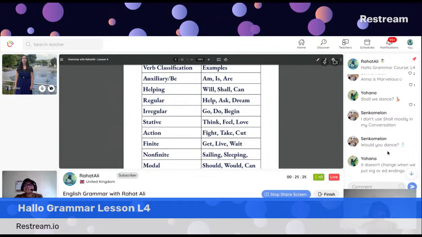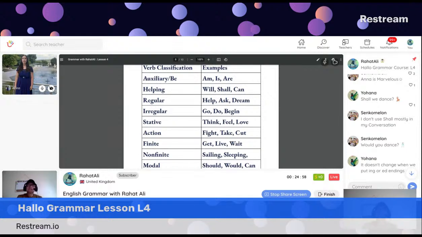Yes, Johanna says it doesn't change when we put, actually not ing, it's past tense and past participle form. So regular verbs are those verbs generally doesn't change. Maybe it will be adding ed or id, past and past participle, which is why we call them regular verbs. Okay, and irregular verbs always changes.